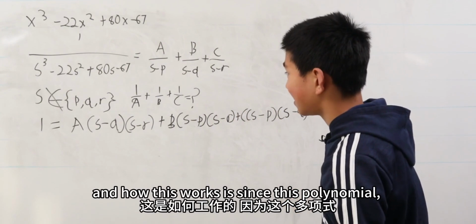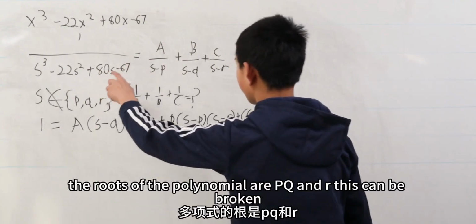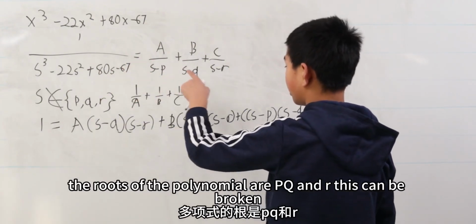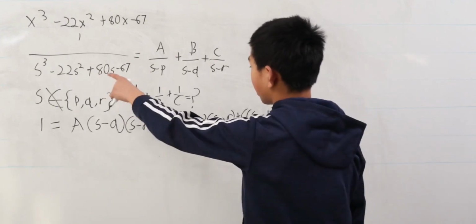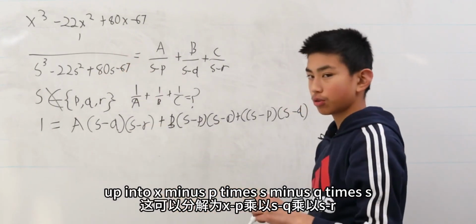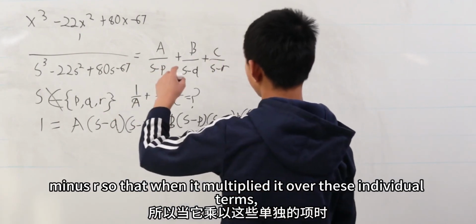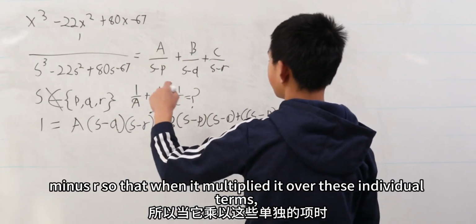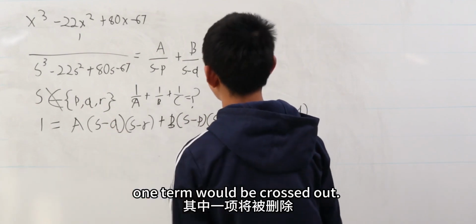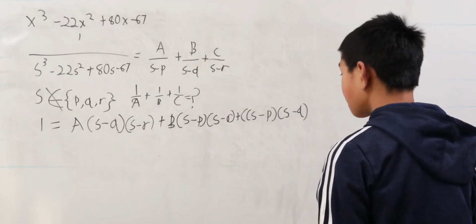And how this works is, since the roots of the polynomial are p, q, and r, this can be broken up into s minus p times s minus q times s minus r, so that when you multiply it over these individual terms, one term would be crossed out.